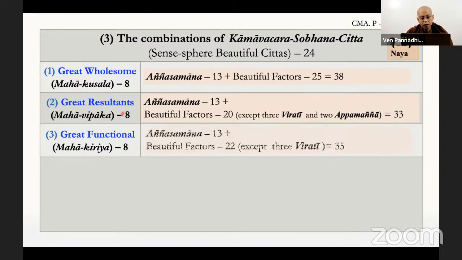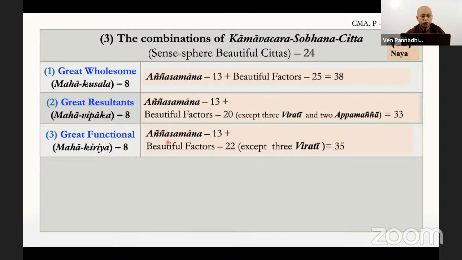Now for the functional consciousness that arises only in the Arahat's mental process. Here Virati is not necessary, because when we talk about Virati, its nature is deliberate abstinence. That deliberate abstinence nature cannot happen in the Arahat's mind, because the cause to transgress or to commit the unwholesome is already removed.